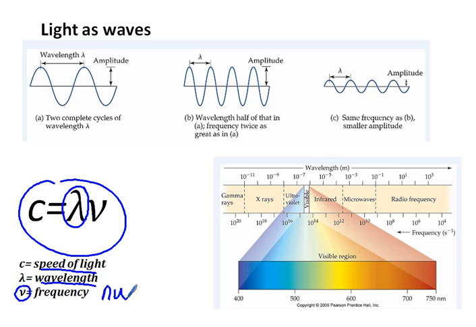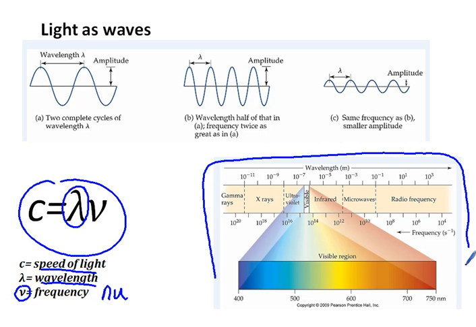Okay, so we can do some calculations based on the speed of light with this equation. I want to point out over here that the amount of visible light that we see, I mean, if you take a look at how big this spectrum is, the electromagnetic spectrum, this little tiny piece right here is all we actually see, okay?